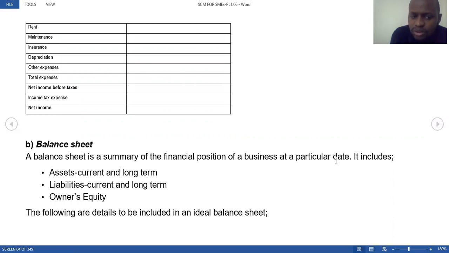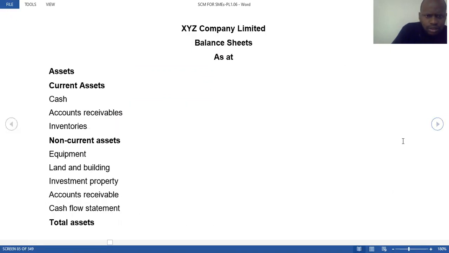And it includes the assets, both current and long-term assets, the liabilities, both current and long-term liabilities, and we have the owner's equity. And for the balance sheet to be ideal, you must include those details. That is a summary of a balance sheet.